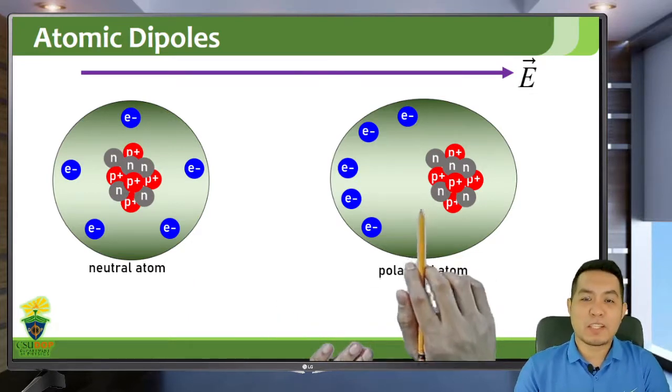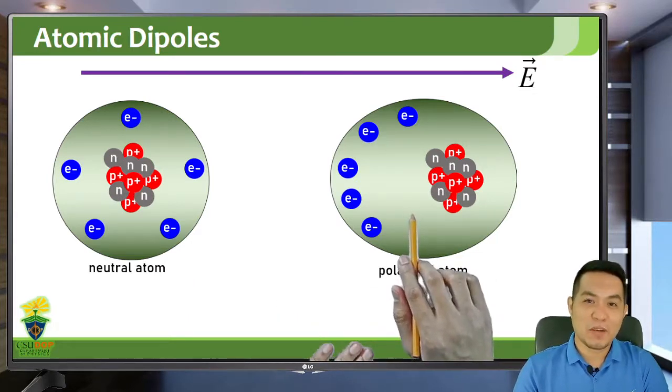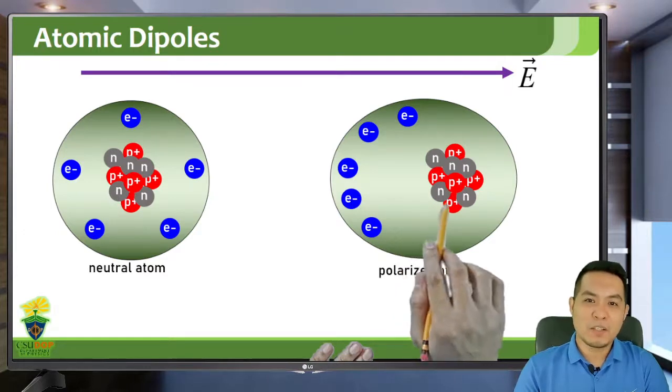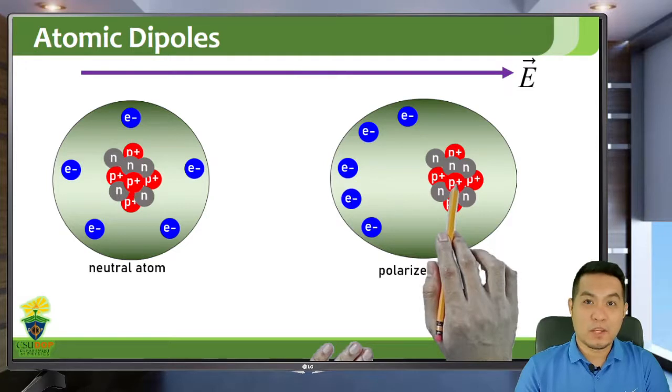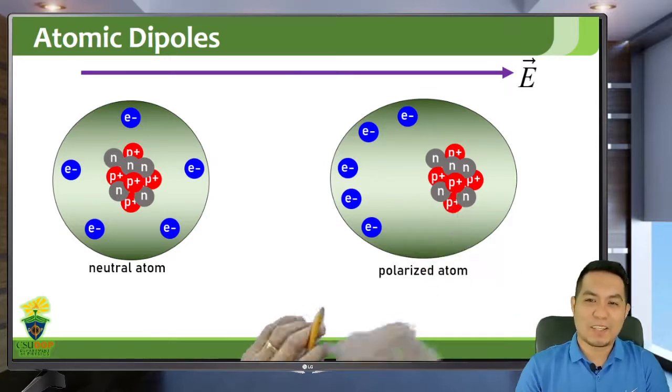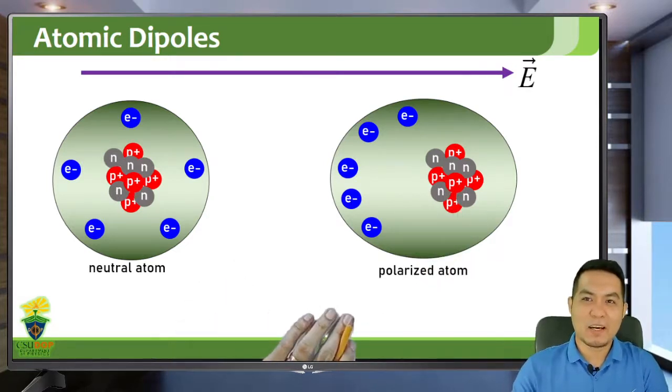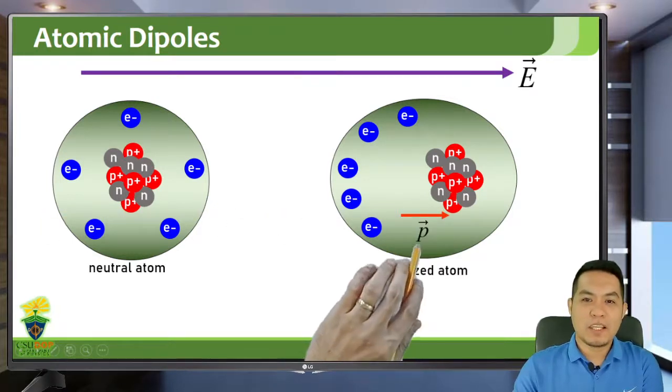But this is actually just a very exaggerated version. The displacement of the nucleus is actually very minimal. So there will now be an induced dipole inside the atom, an atomic dipole.